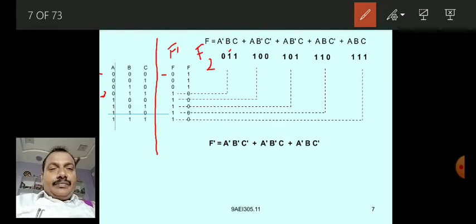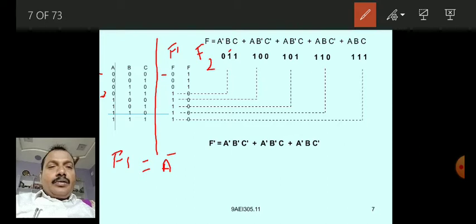Now I write the first minterm. What is the first minterm? The one whose f1 value is 1. For which combination is it 1? 011. For 011 it is 1. Hence you have to write f1 equals A bar B C. This is the first minterm.